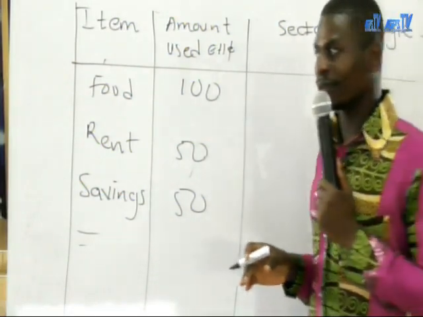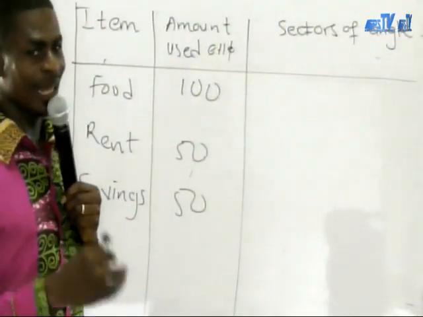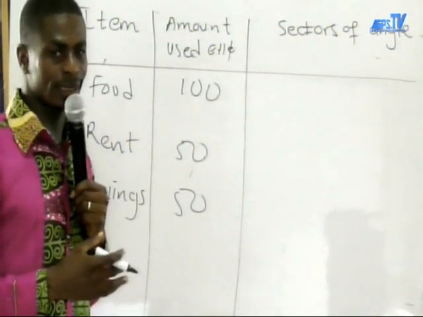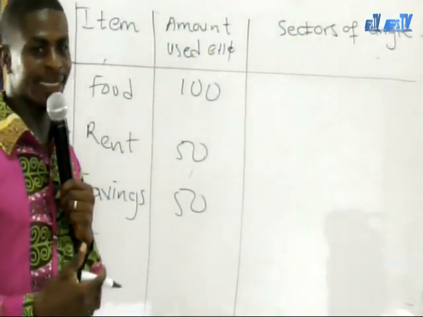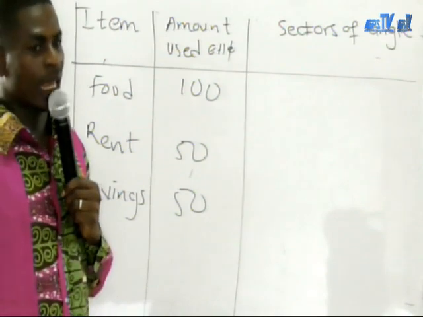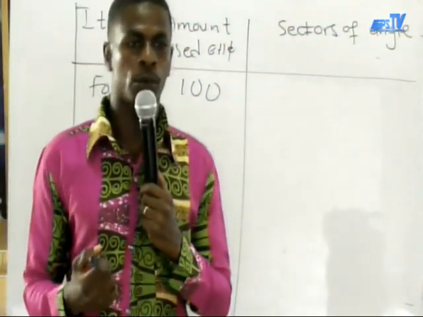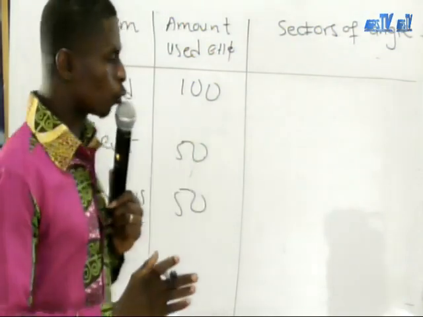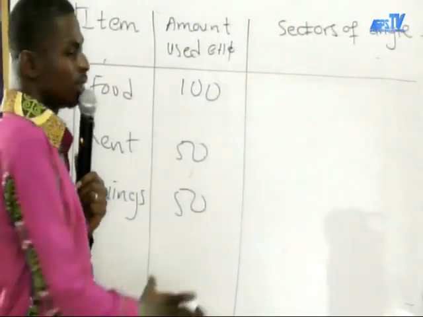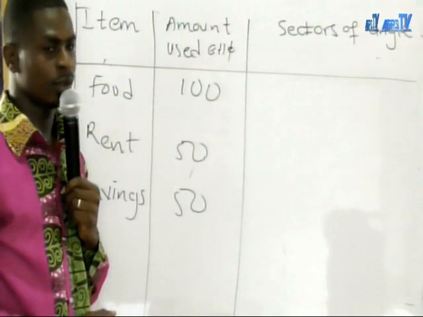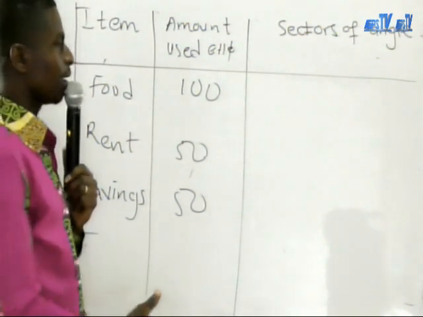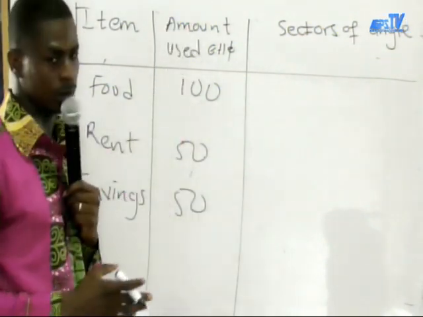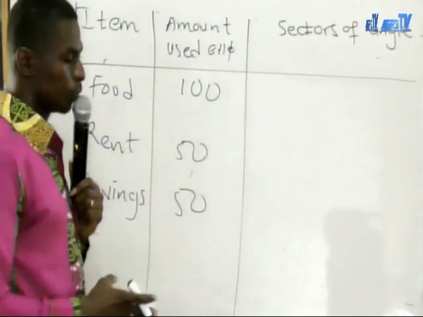I appreciate your work. Now, let us look at how you'll be able to find sectors of angle. In my previous example, I said to try to find your total frequency, which in this case is the amount used.